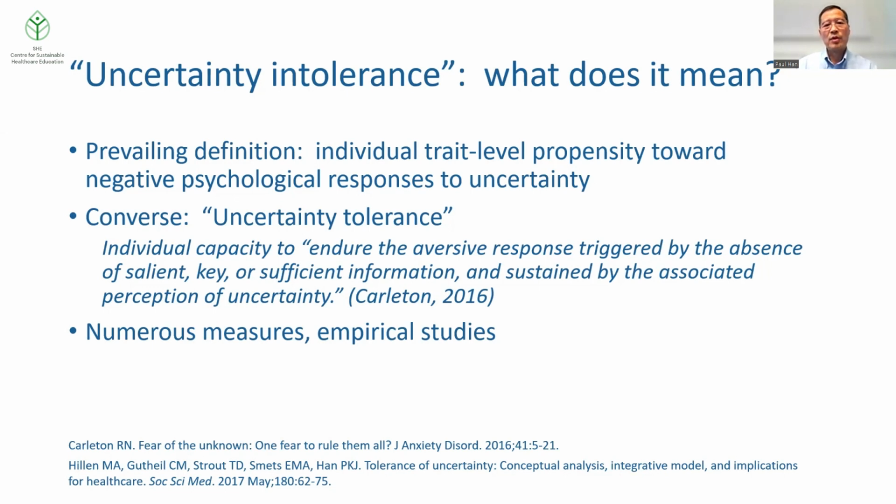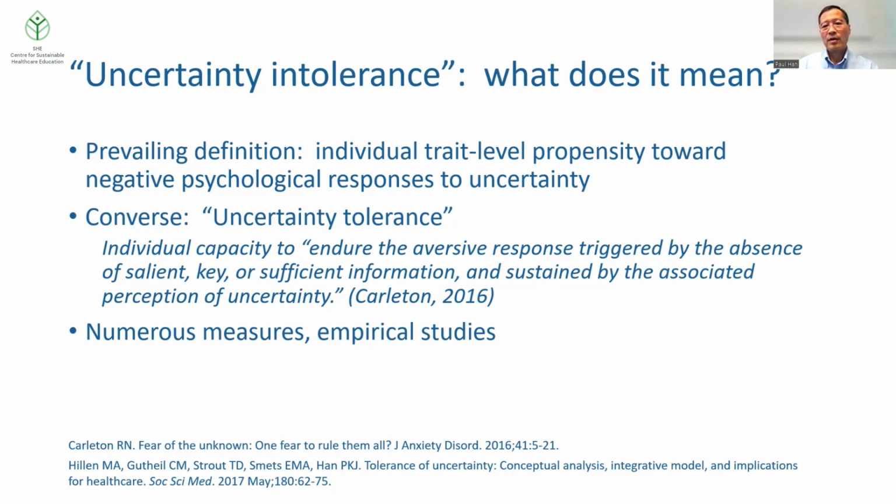And here's one definition by a leading researcher, Nicholas Carlton, who has developed probably the most widely used measures of uncertainty tolerance in research. He defines this as the individual capacity to endure the aversive response triggered by the presence or absence of salient, key, or sufficient information, sustained by the associated perception of uncertainty.